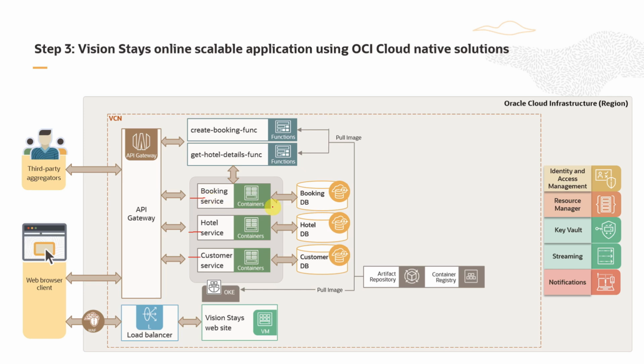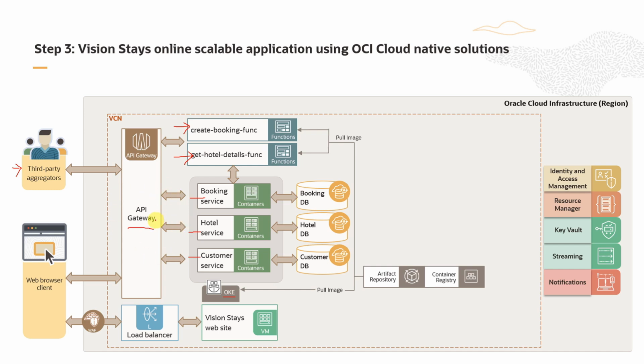To ensure seamless deployment and management, we propose containerizing each microservice and deploying them into a Kubernetes cluster managed by OCI's Container Engine for Kubernetes, also known as OKE. To extend functionality to third-party vendors, we'll create two Oracle functions, namely create booking function and get hotel details function, and secure them using API gateway implementation.